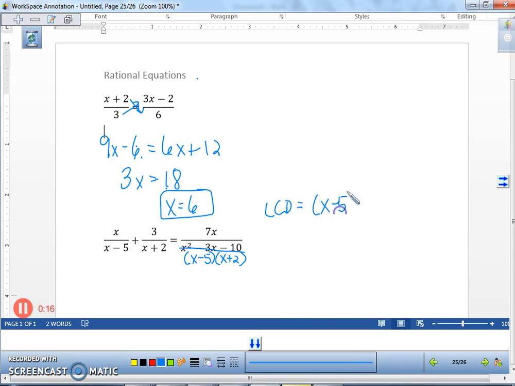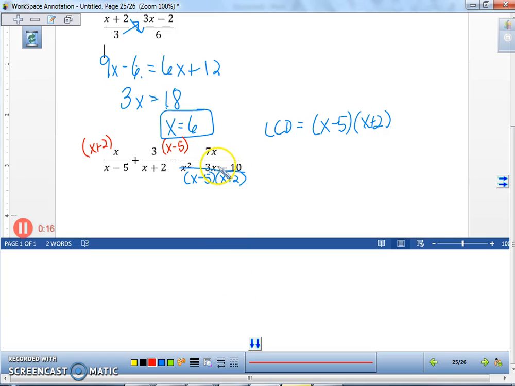So then I'm going to multiply each fraction by what's missing. So the first one has an x minus 5, but not an x plus 2. So I'm going to multiply this by x plus 2. The second one has an x plus 2, but not an x minus 5. So I'm going to multiply that one by x minus 5. The third one has both already, so there's nothing I need to multiply that one by.